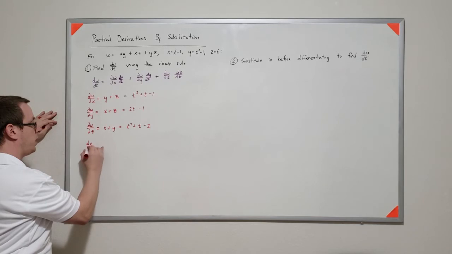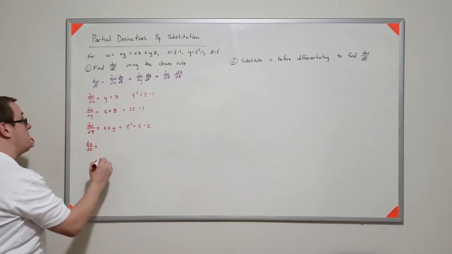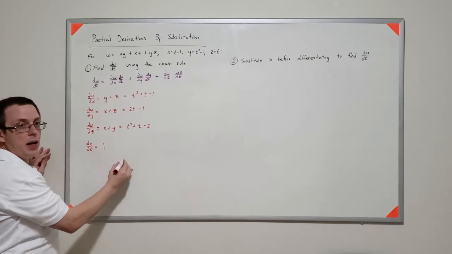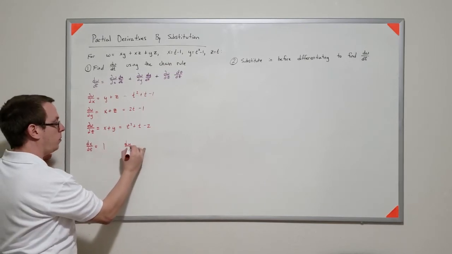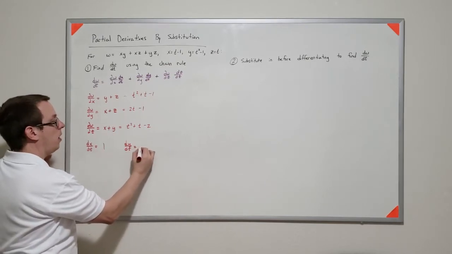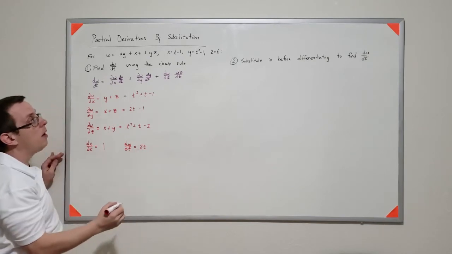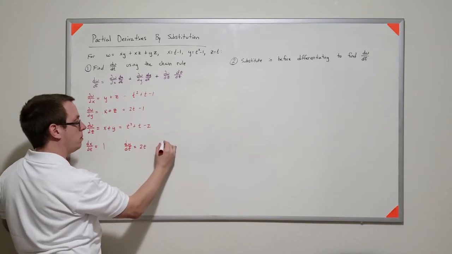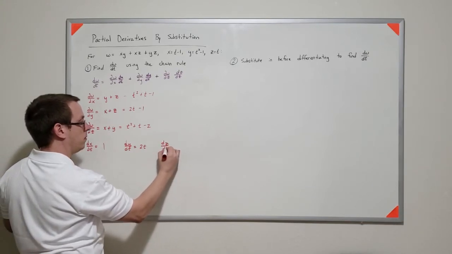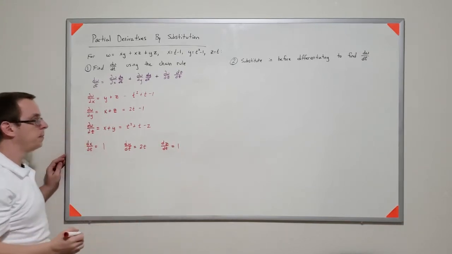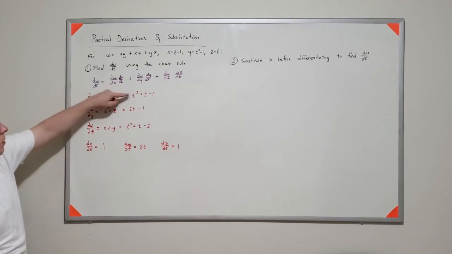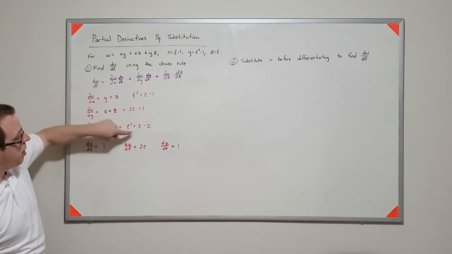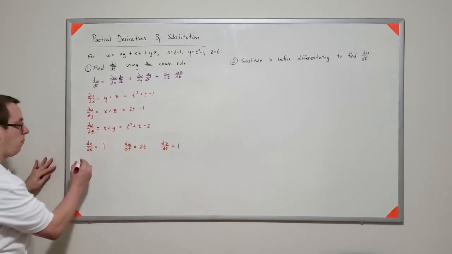So I need dx dt, that's 1. I need dy dt, and that's 2t. And I need dz dt, which is also just 1. So putting all that together with these components, these match, and those match.